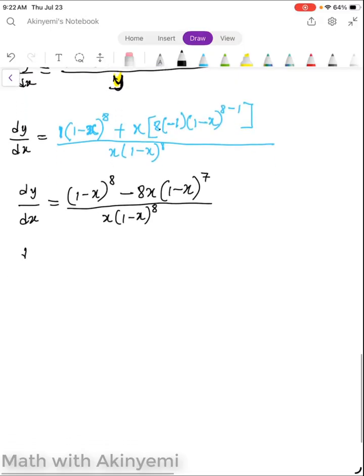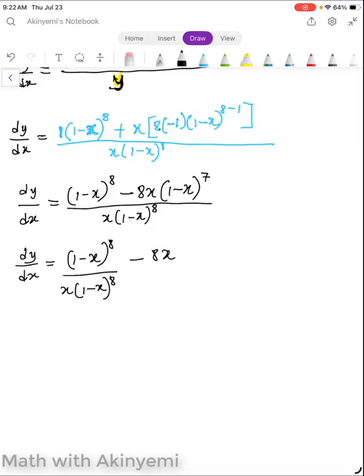We can then see that dy over dx is the same thing as saying 1 minus x raised to power 8 all over x into bracket 1 minus x raised to power 8, minus 8x into bracket 1 minus x raised to power 7 all over x bracket 1 minus x raised to power 8.